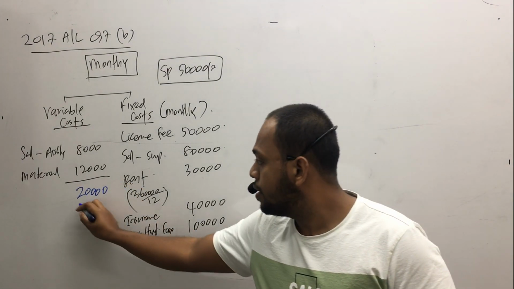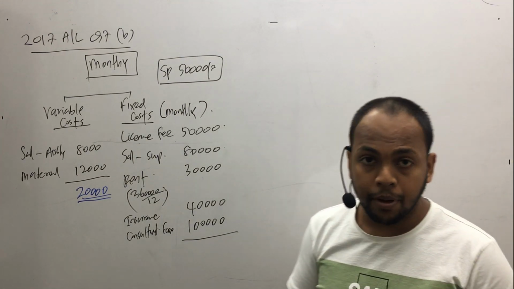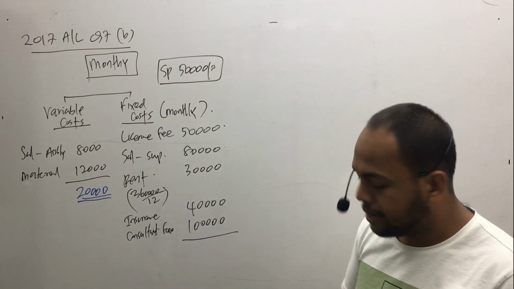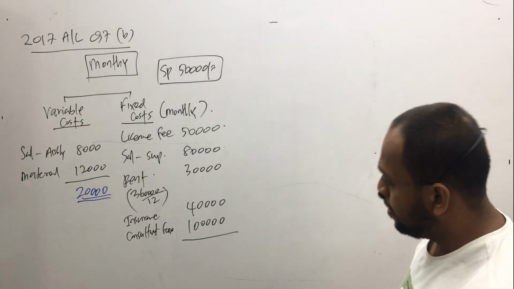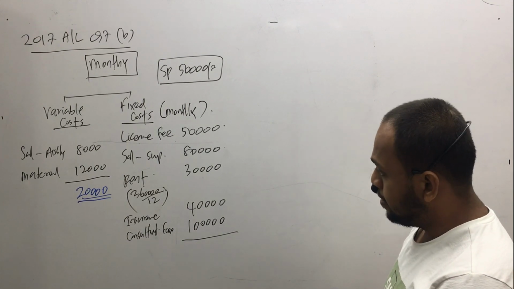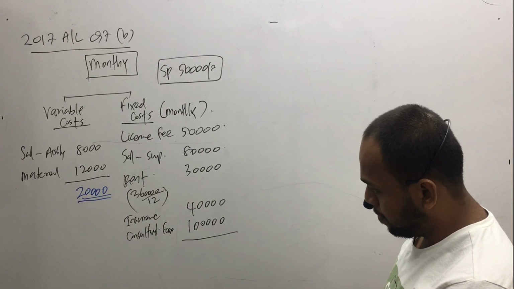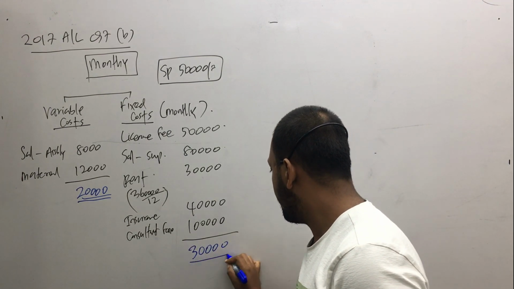The fixed cost per month is the addition of these: 50 plus 80, 30, 40 plus 100, which is 300,000.